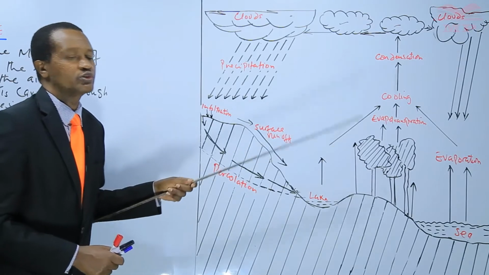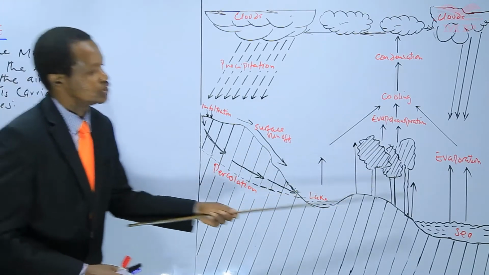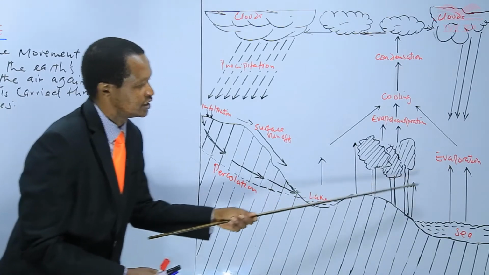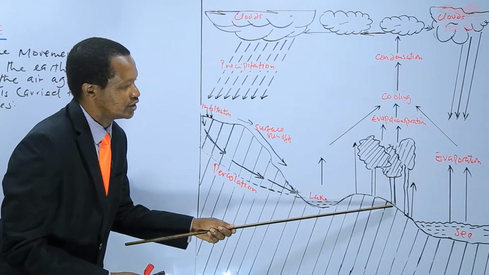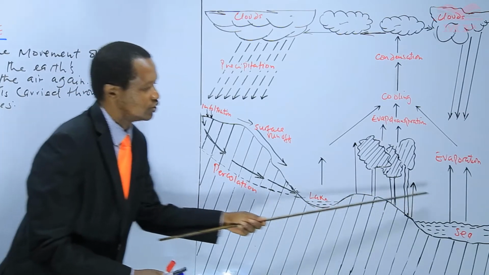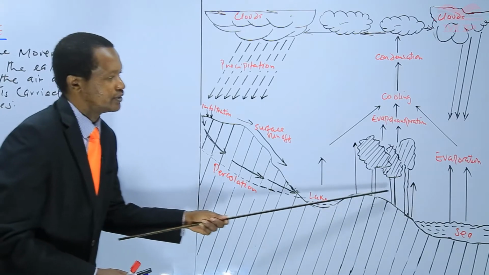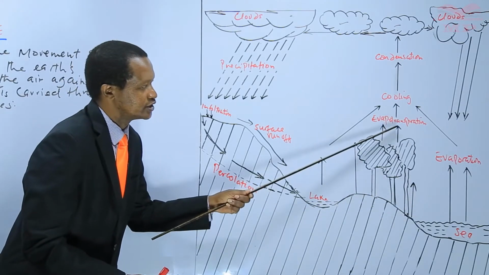The loss of water through these two processes, from open water and from the soil, the combination of loss of water from liquid to water vapor, is known as evapotranspiration.